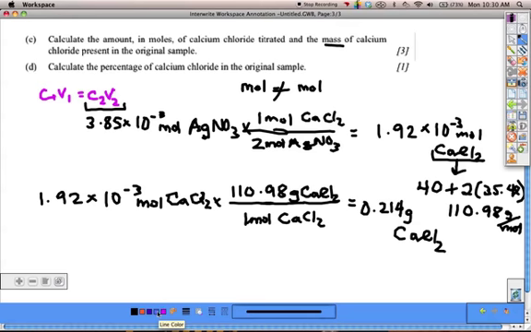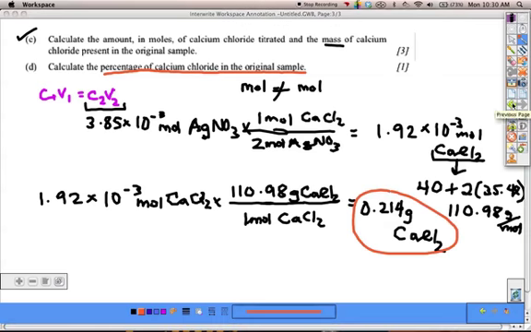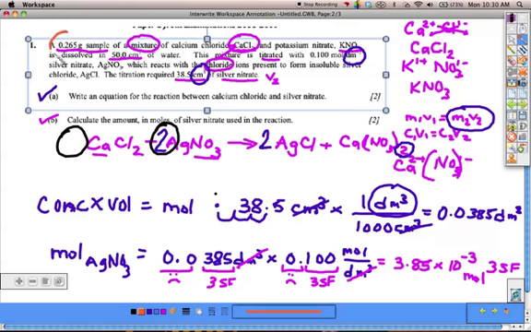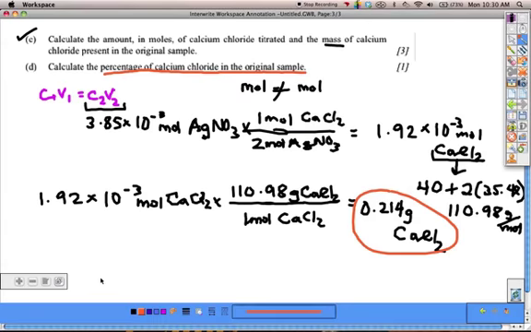The final problem, so let's give ourselves a check. The final problem here is saying calculate the percentage of calcium chloride in the original sample. I now know the mass of calcium chloride that I had, and I know that I started out with 0.265 grams. So 0.265 grams total can go on the bottom.